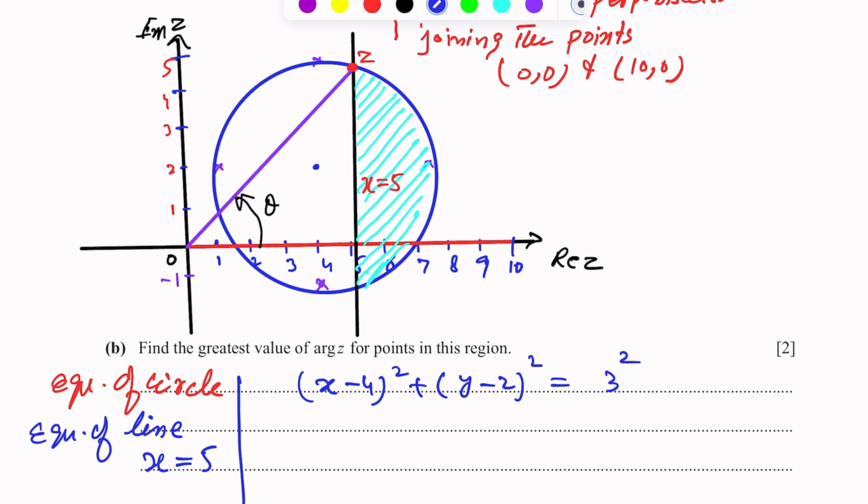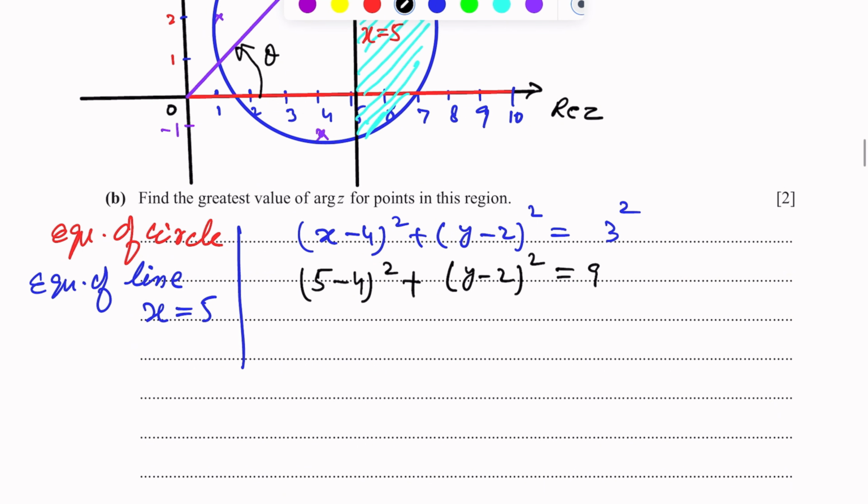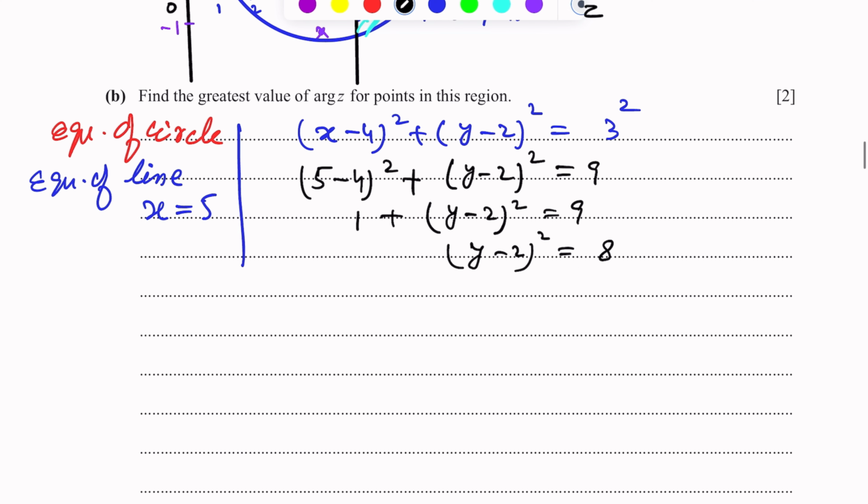We get (5 minus 4) square plus (y minus 2) square is equal to 9. 1 plus (y minus 2) whole square is equal to 9. (y minus 2) whole square is equal to 8, and taking square root on each side we get y minus 2 is equal to plus minus root 8, so y minus 2 is equal to plus minus 2 under root 2.